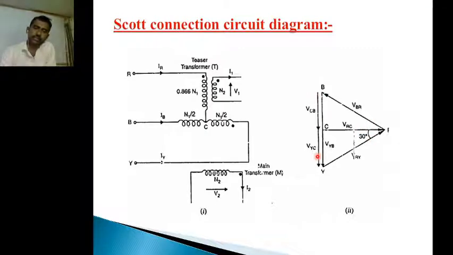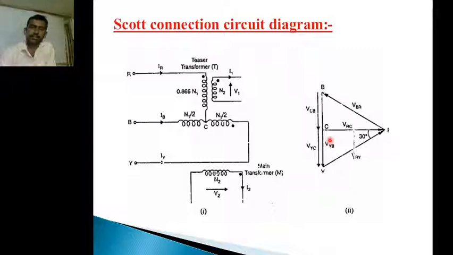This one is VYB, which is divided into VBC plus VCY, and the sum of these two voltages is VYB. At the center tap we have VRC, which divides our 60 degree angle into 30 degrees and 30 degrees. We have the remaining phases VRY and VBR.